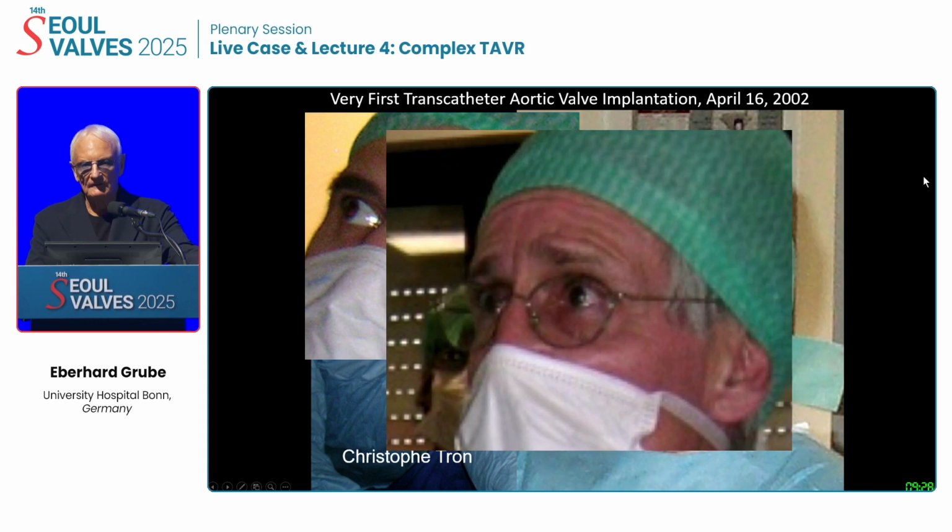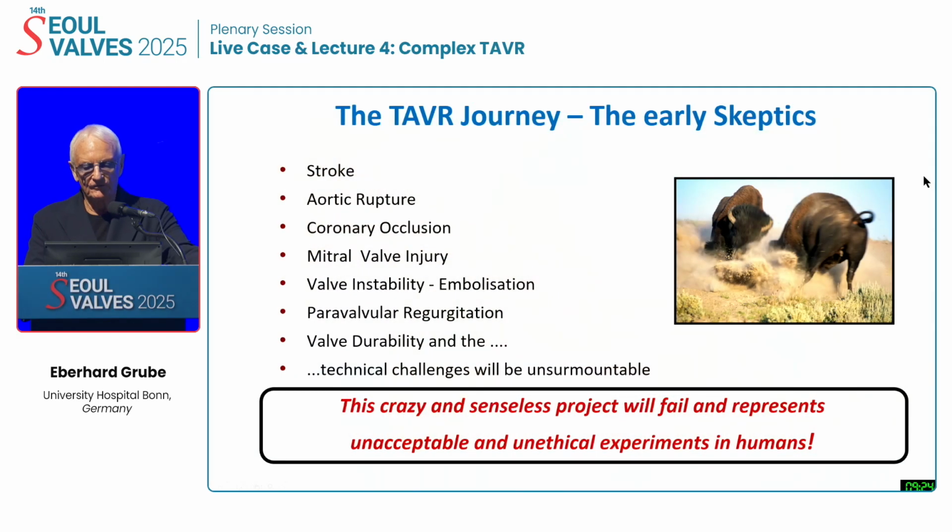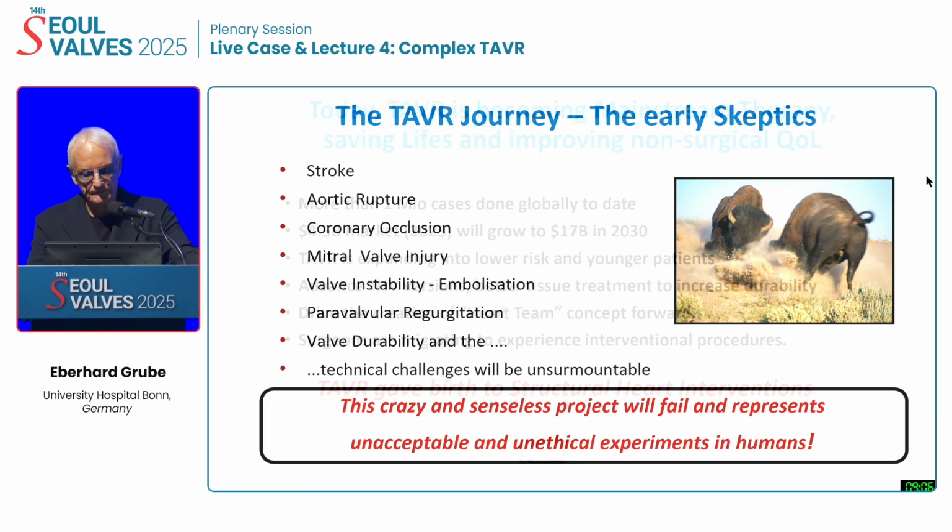I will never forget these images. They are ingrained in my brain. And of course, the early skeptics came up. "This crazy and senseless project will fail and represents unacceptable and unethical experiments in humans." Just digest these words. People at the time when I started it wanted me to be in prison, actually.